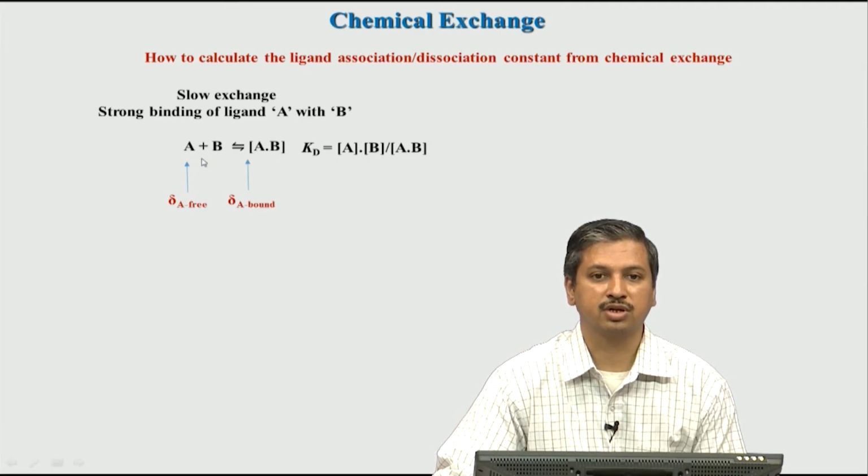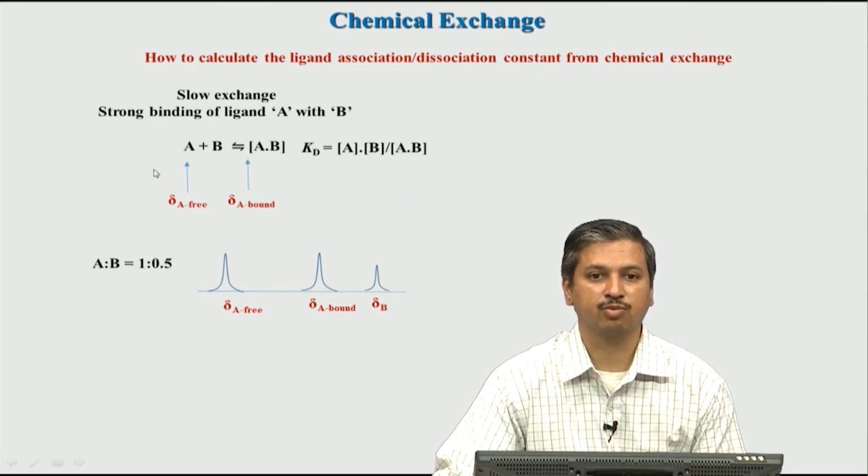So, we usually use the word Kd, dissociation constant, which is basically measured like this. It is the concentration of A and B divided by the concentration of the complex. Okay. So, how can we determine this by NMR? Let us say you are having a slow exchange process, that is a strong binding of A with B, then you may expect 3 peaks.